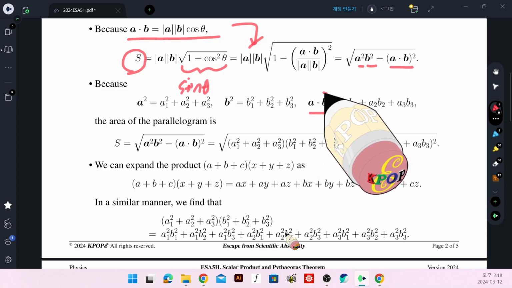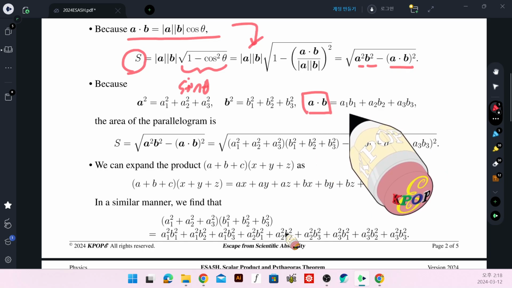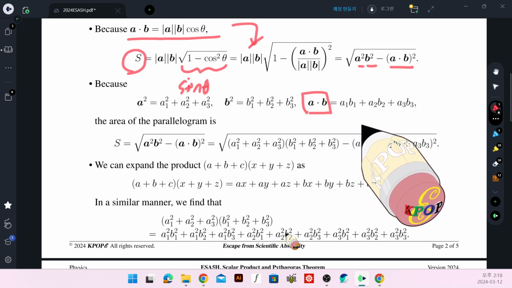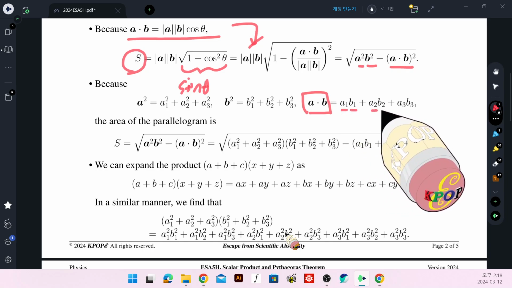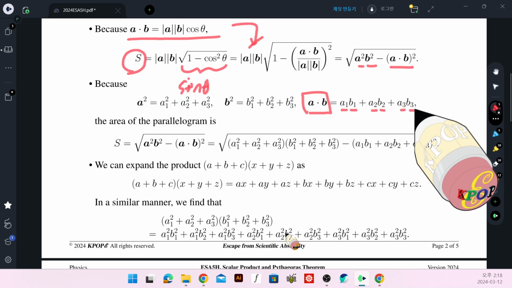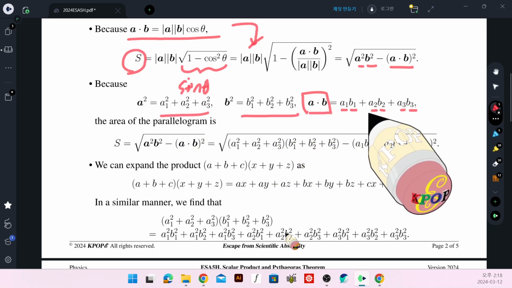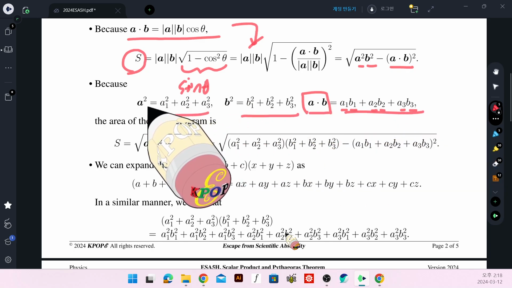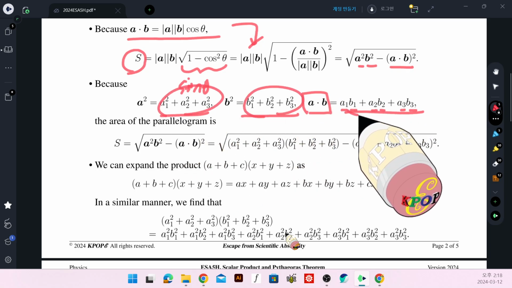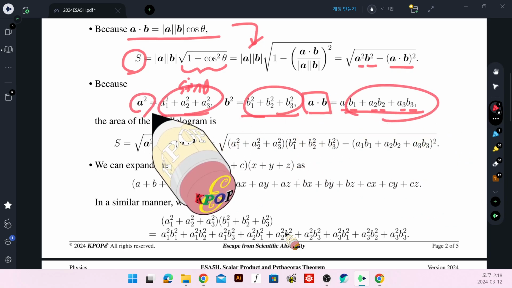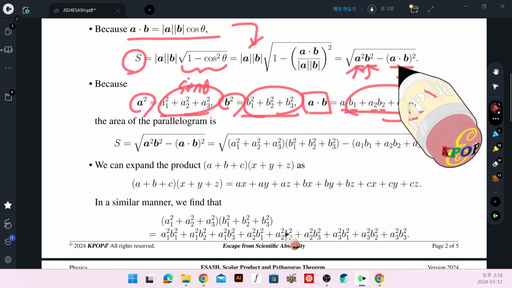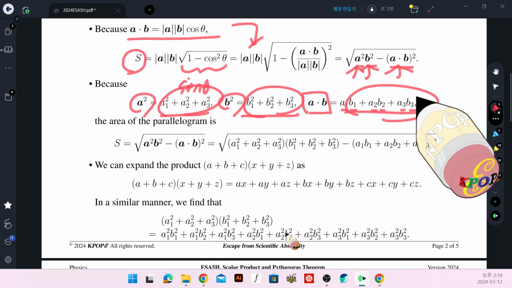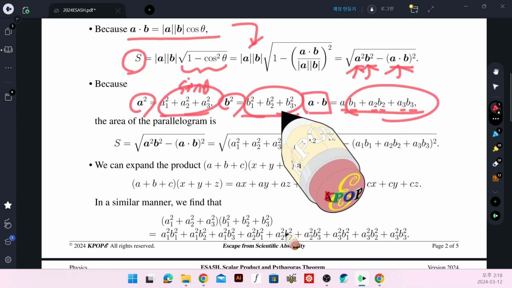For the scalar product of two vectors, we have vanishing off-diagonal components and only diagonal components 1, 1, 2, 2, 3, 3. All right, I can make use of these three identities, substituting these values for a squared, b squared, and a dot b in this area formula for the parallelogram.